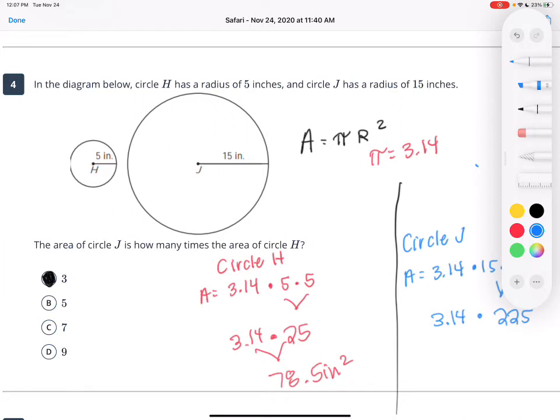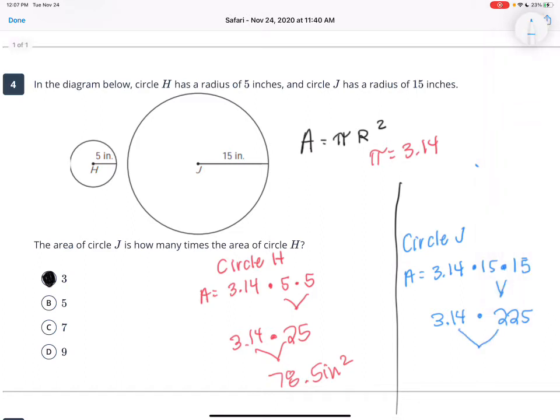So let me make sure. Here we go, let me do that again. When I multiply these two numbers together, I get 706.5 inches squared.